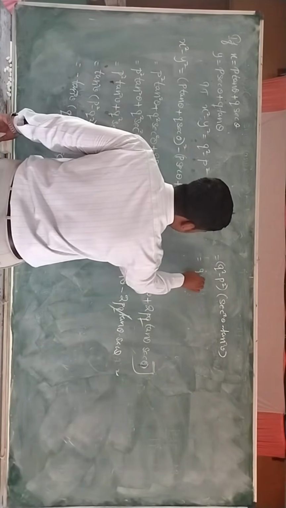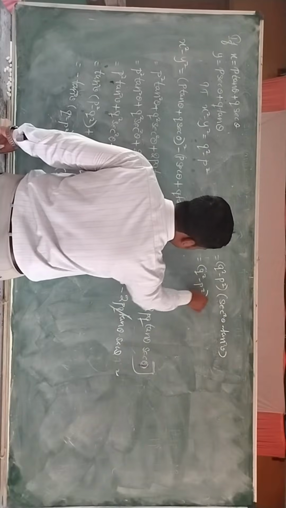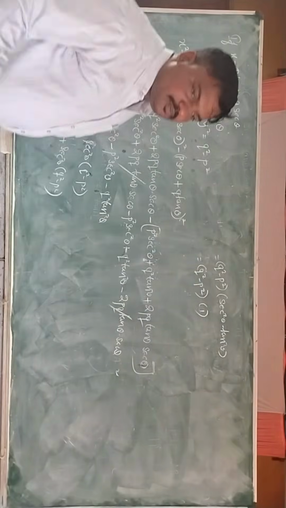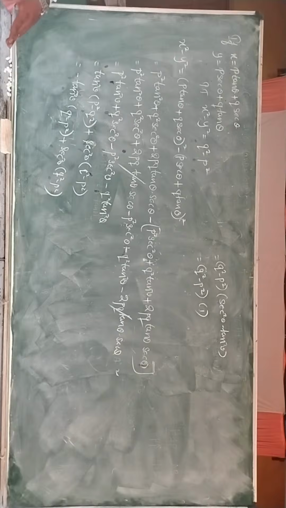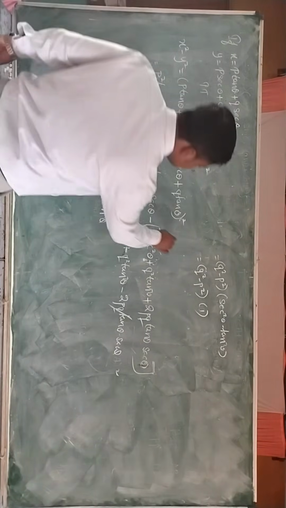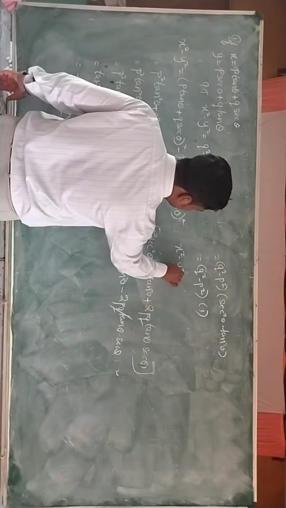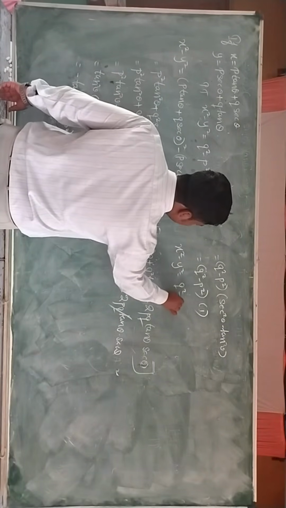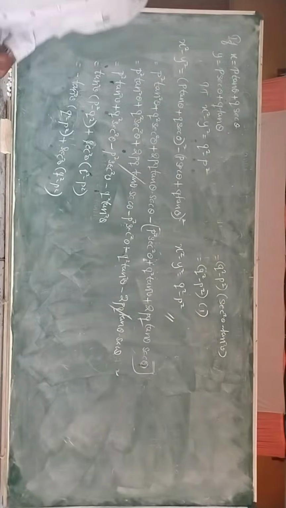So q square minus p square into 1, because 1 plus tan square theta is equal to sec square theta, so sec square theta minus tan square theta is 1. Hence, x square minus y square is equal to q square minus p square. That's the proof. Okay? Any doubts?